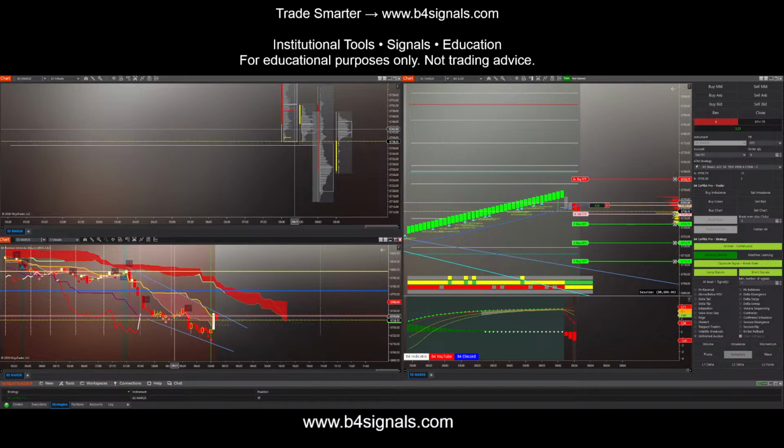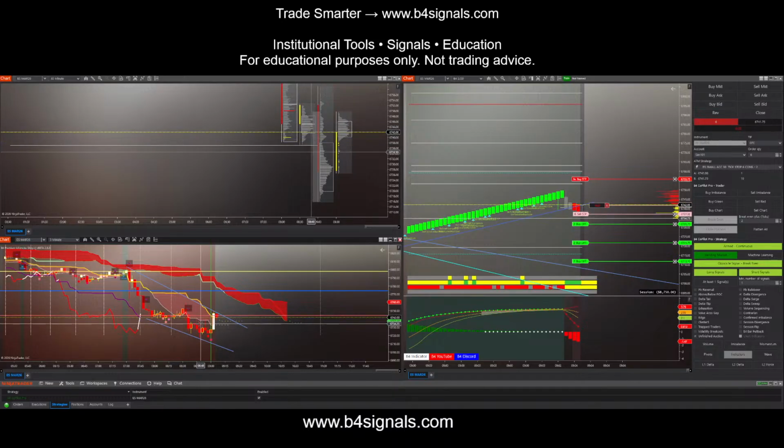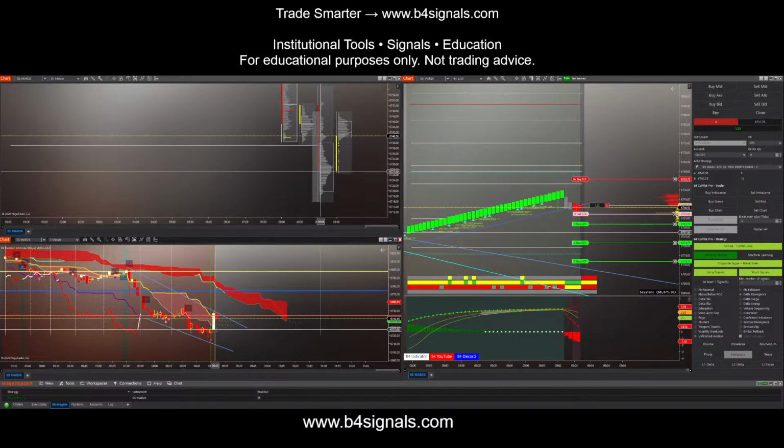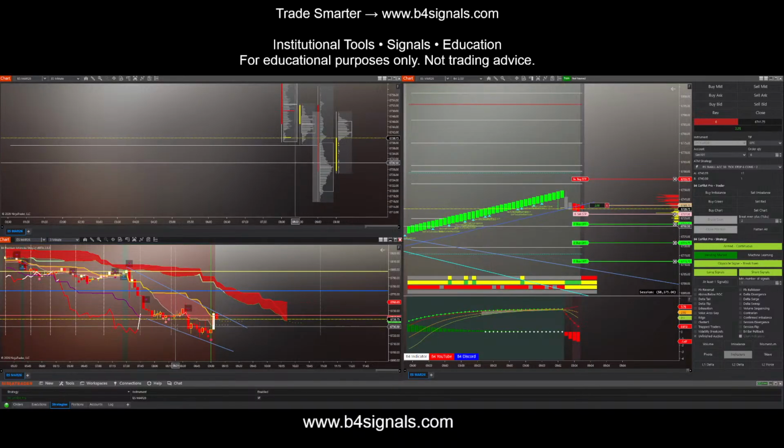We touched by the 7th. 9 is an average. And then the next expectation is to come back and kiss the Kijun-sen, which is this gold line, by the 26th.